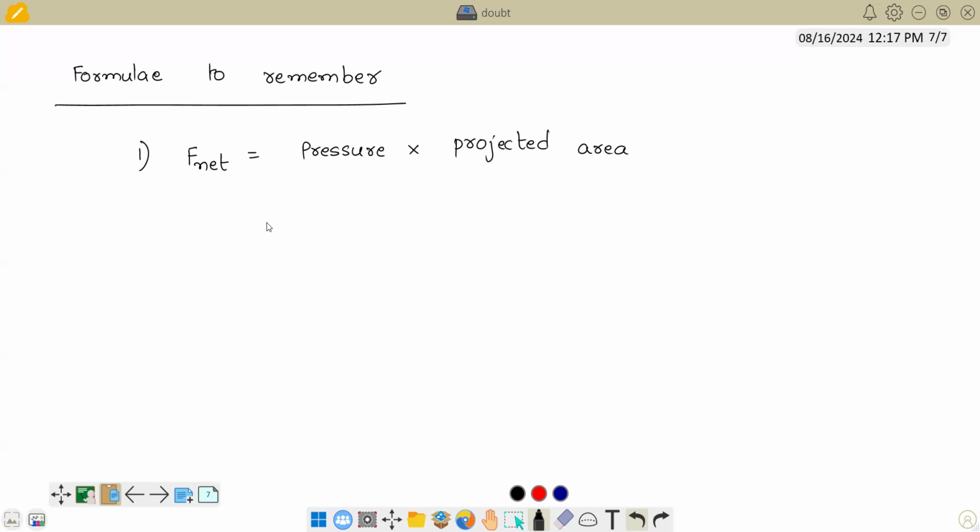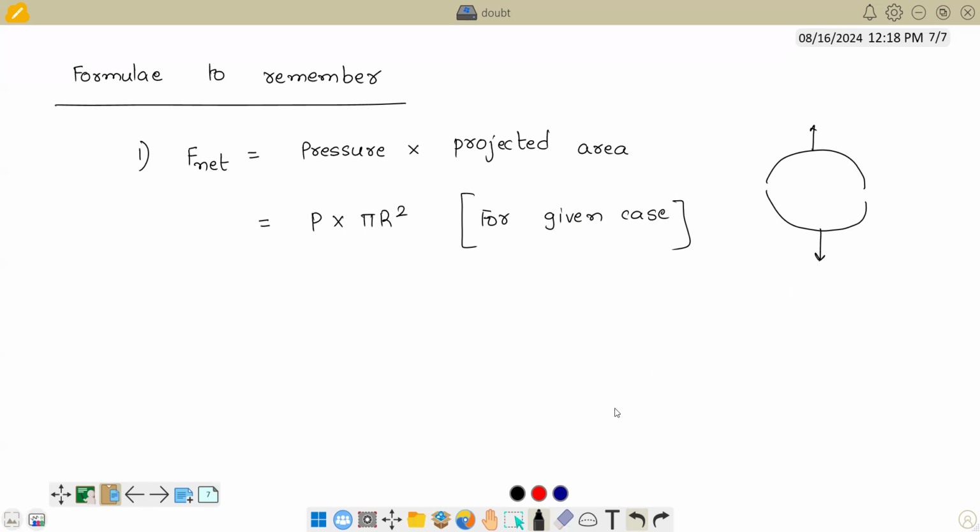That means for the given case, pressure into pi r square. Suppose we have a sphere on the top and a sphere on the bottom. It would have an upper projected area and a bottom projected area, and then the net force would actually become zero, because the upper force would try to pull it upwards, the downward force would try to pull it downwards, and the net force would have been zero.